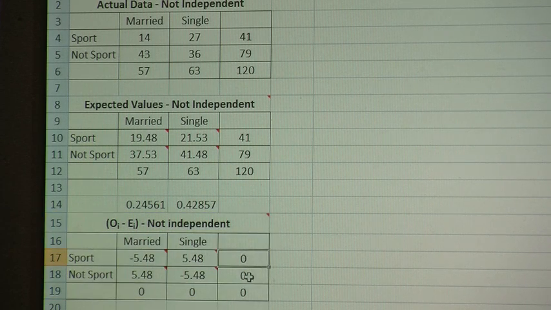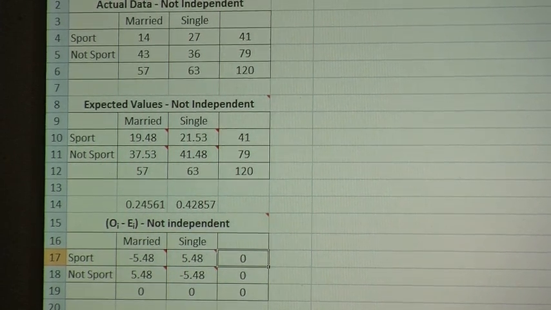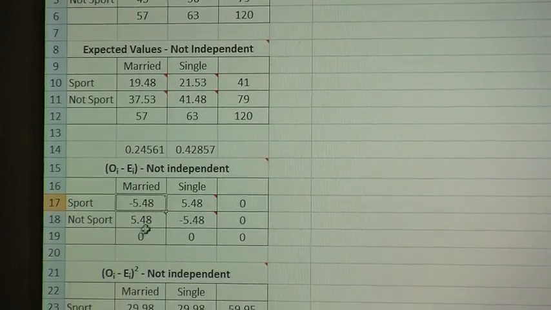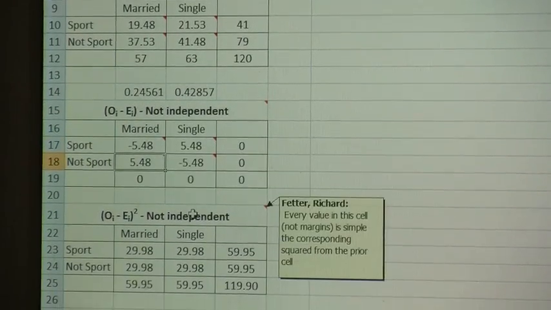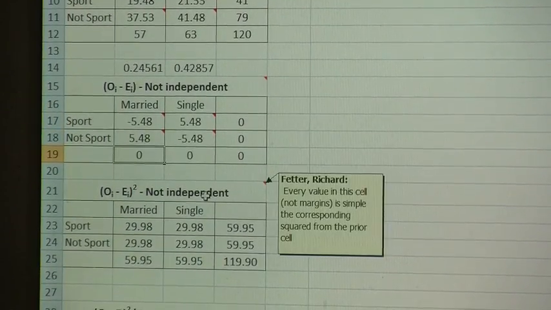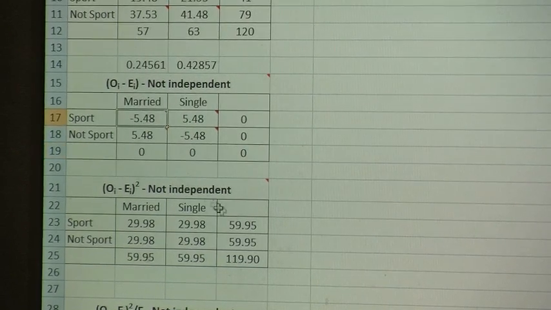But notice here, anytime we sum our deviations, it always comes to 0. Okay, you learned that back at the beginning of the semester when we learned how to calculate the variance and the standard deviations. And here we do the same thing as we did earlier in the semester when we calculated standard deviation: we square our deviations. So since minus 5.48 plus 5.48 sums to 0, we square minus 5.48 and we get 29.98.